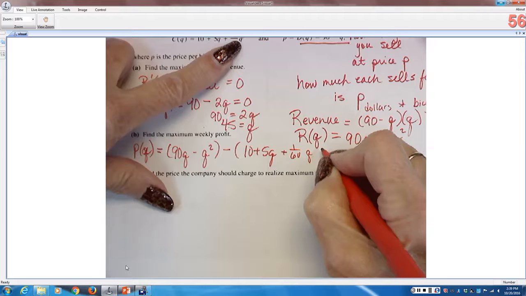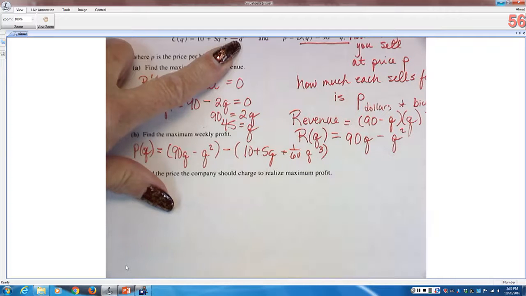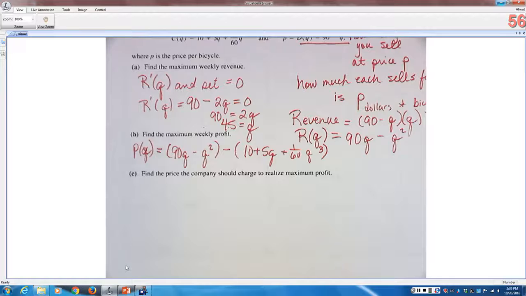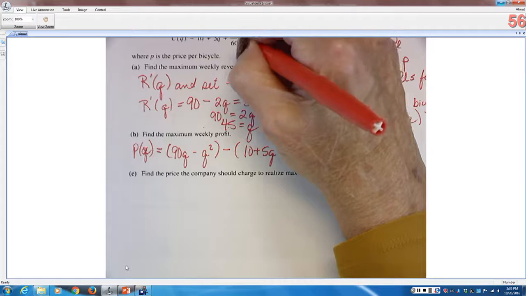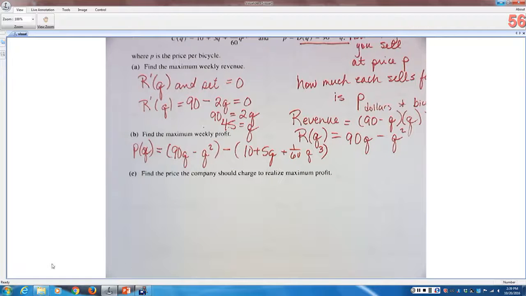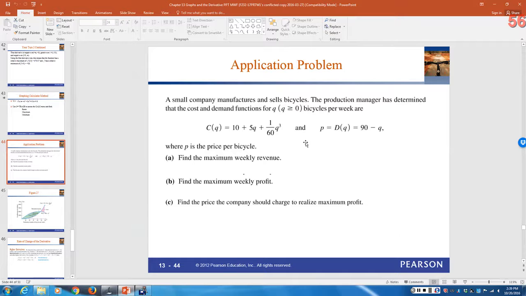And that is to the third power. Now that says to the third power there, but I think it's actually supposed to be second power. Let me look back on the PowerPoint. No, it says third power. Okay, we'll leave it third. So here's your profit function.